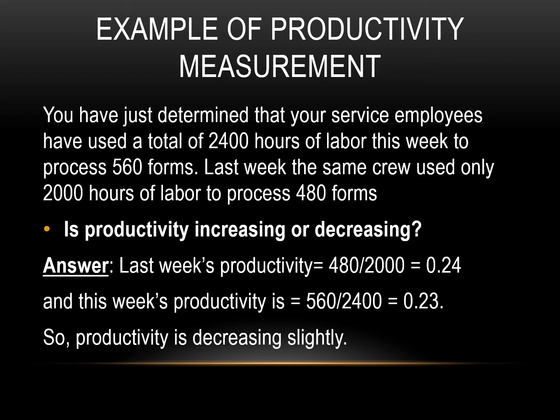Answer: last week's productivity equals 480 divided by 2000, which equals 0.24, and this week's productivity is 560 divided by 2400, which equals 0.23. So productivity is decreasing slightly.